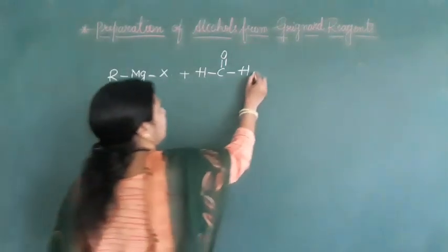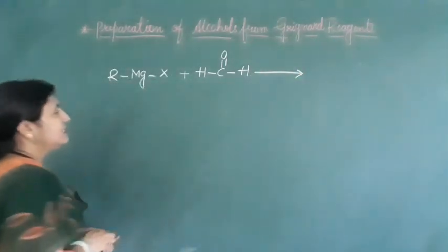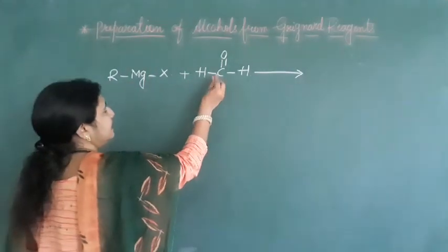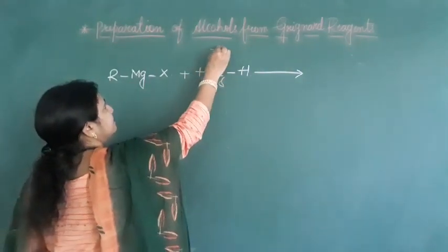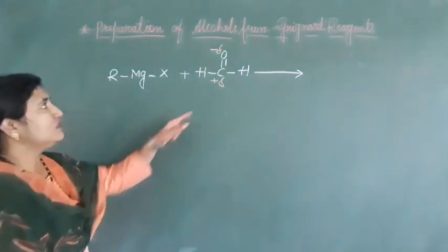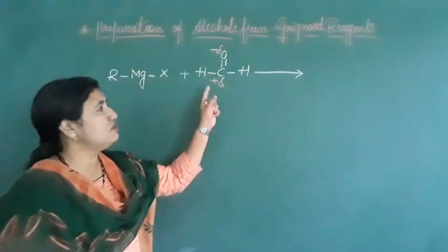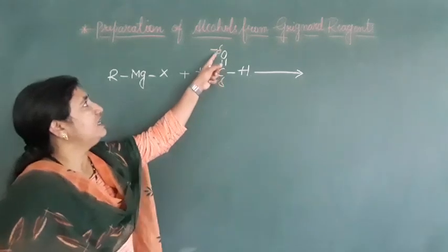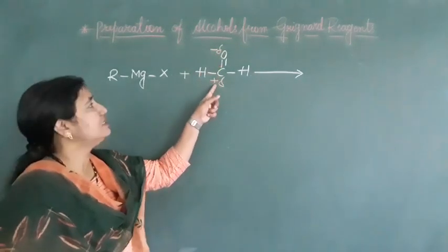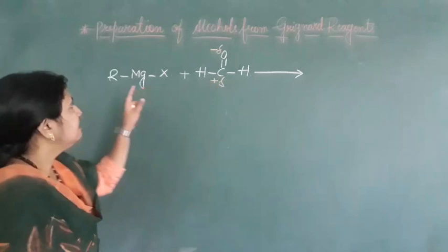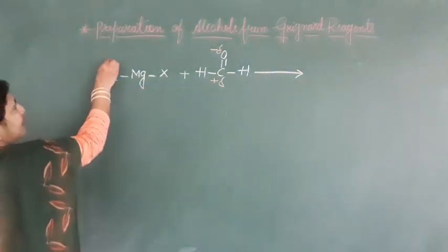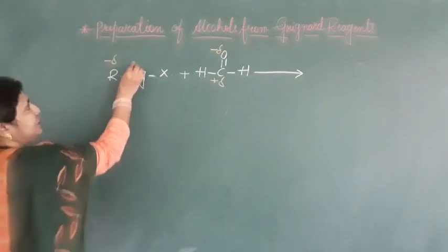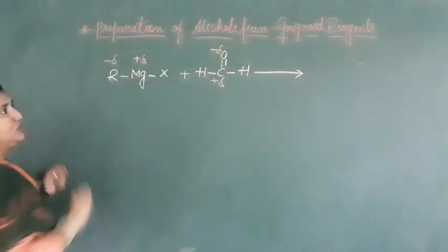On this formaldehyde, this carbon is partially positive and this oxygen is partially negative, because oxygen is more electronegative than carbon here. Similarly, in our Grignard reagent, this R alkyl group is partially negative and this magnesium metal is partially positive.